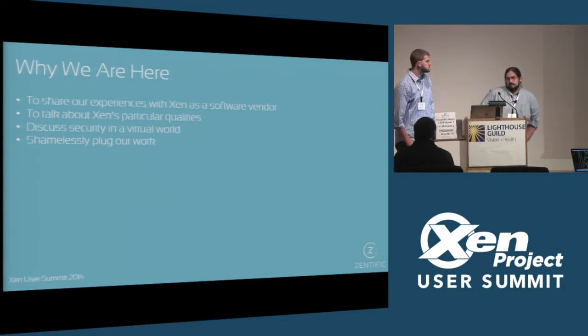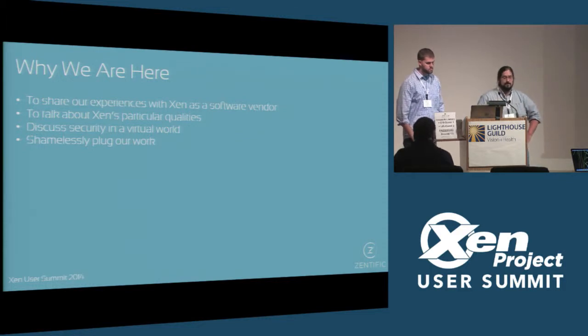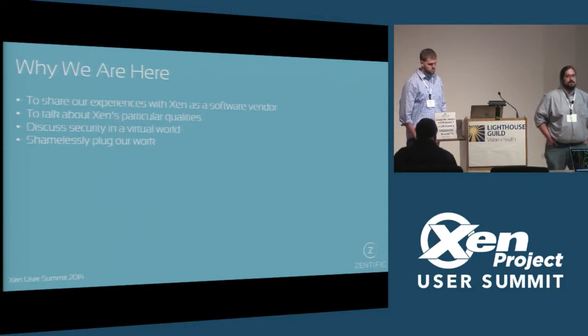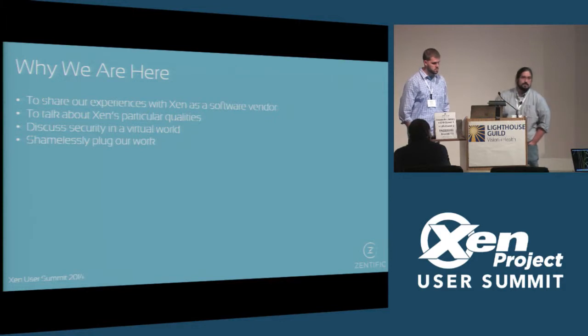So today in particular, we're here to talk about Zazen, which is a security product we've been developing for some time. Zazen is the result of several years of research and development. It's built on Xen. We stand by Xen as a great hypervisor explicitly for security work, and it's fantastic support in the security community, and we'd like to offer our explicit affirmation of that.